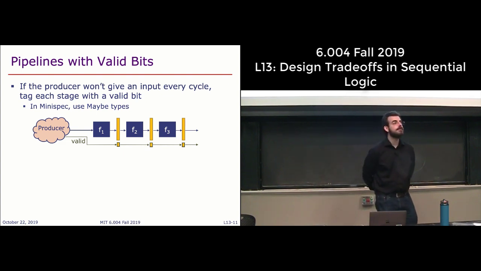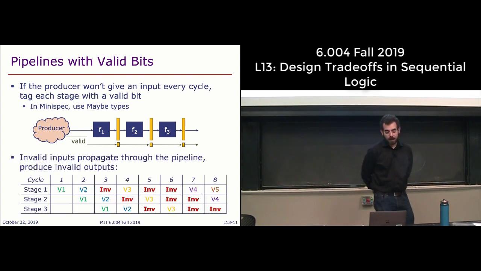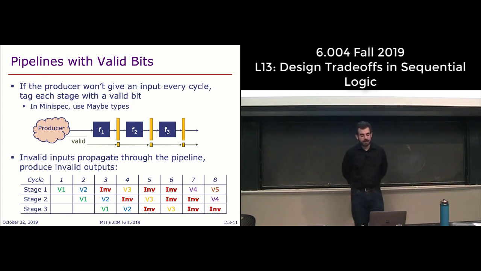So now the way this shows up in the pipeline diagram is that each cycle the producer can give us either a valid value, shown here in different colors, V1, V2, V3, V4, V5, or an invalid value. These invalid values are shown in red. And so what you can see is that with these valid bits, we essentially track how these invalid values propagate throughout the pipeline.